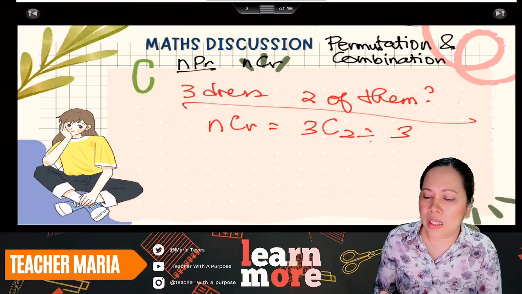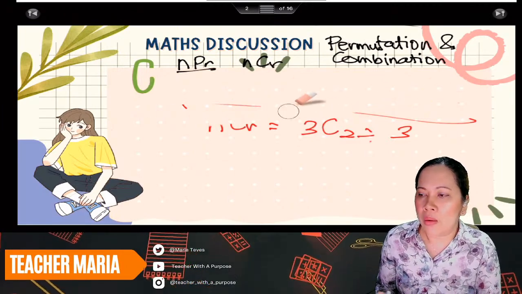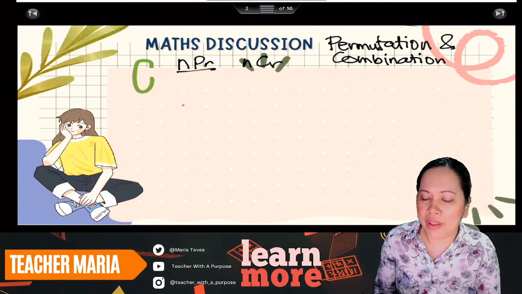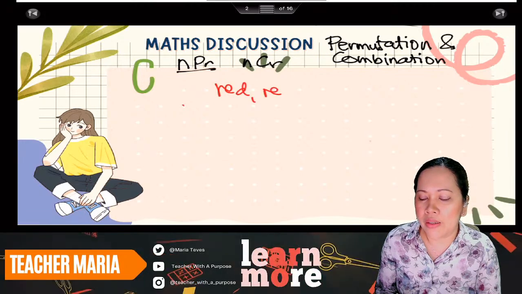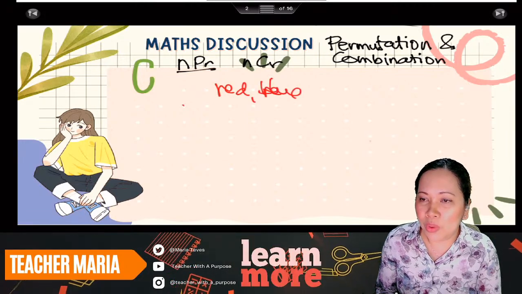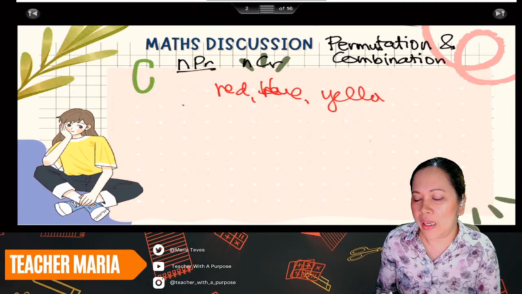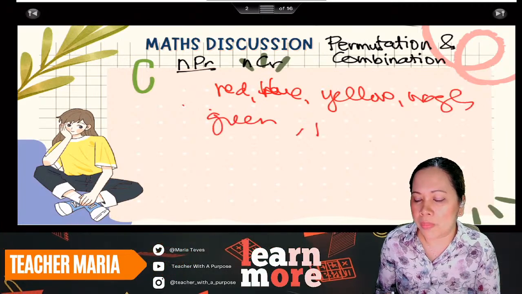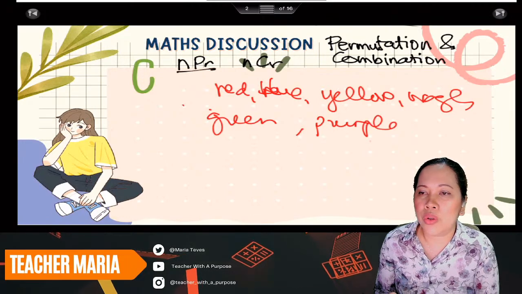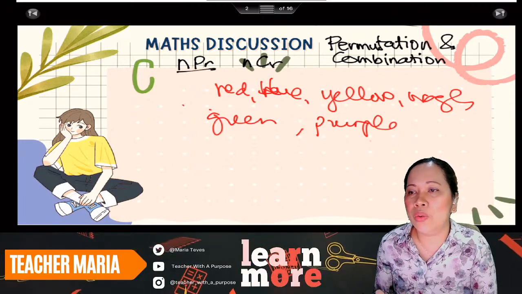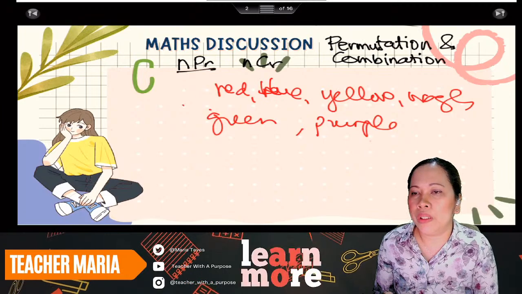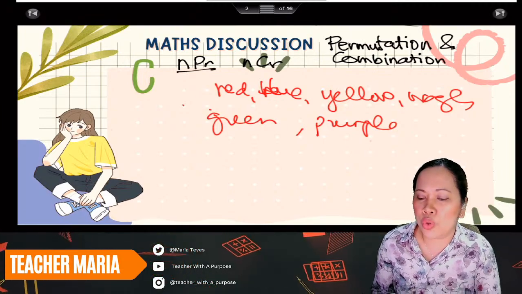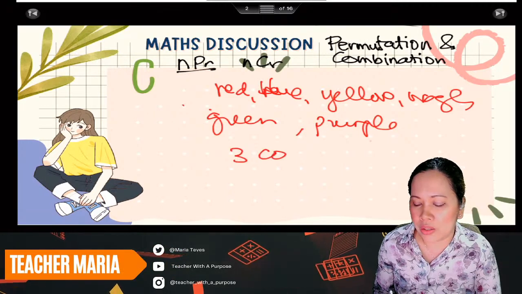Let's say for example, a box of crayons having red, blue, yellow, orange, green, and purple. So how many unlike ways can you use to draw only 3 colors?